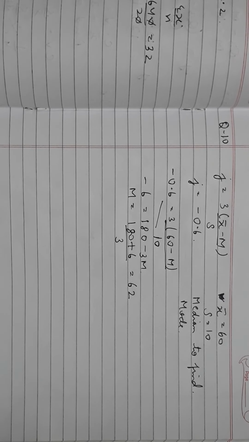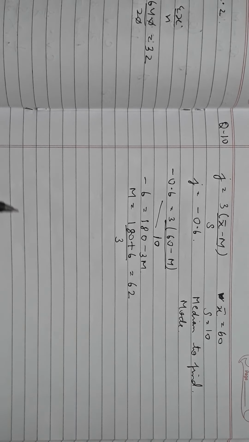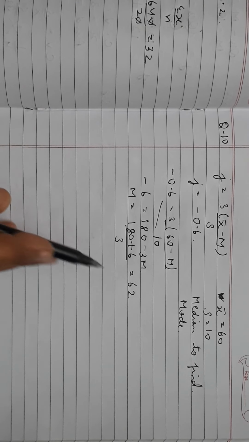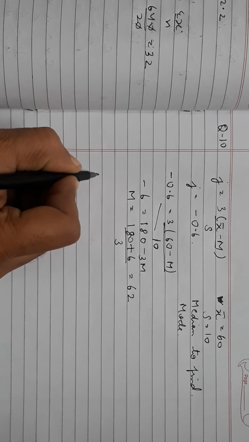Now what do we have to find out? Mode. When x bar is given as 60 and median is given as 62, what will be the formula for mode? We will apply the empirical formula.